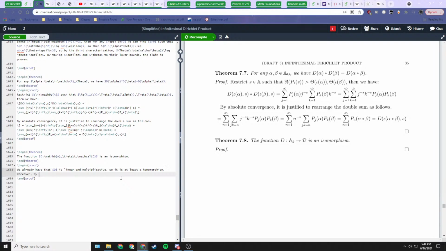Moreover, by definition, D is surjective, by the definition of script D as the image D of A sub theta. So we need only prove that it is injective.